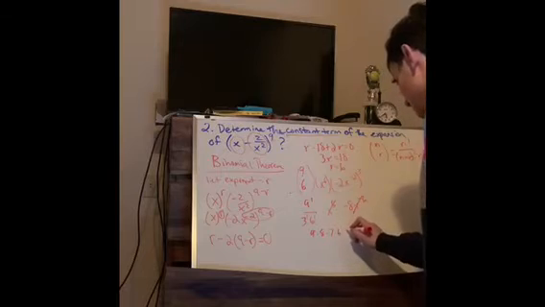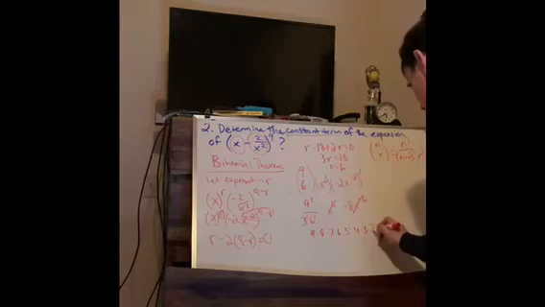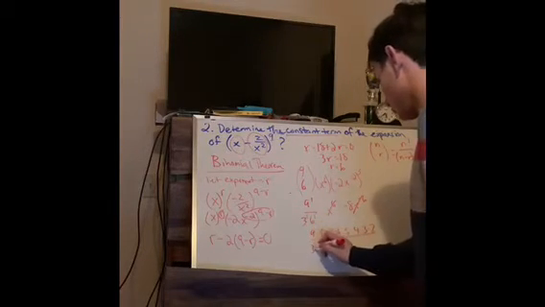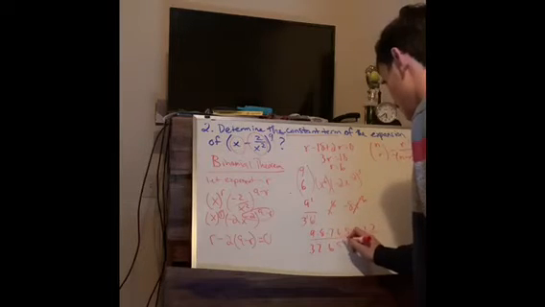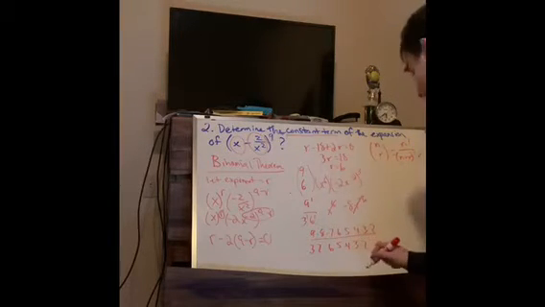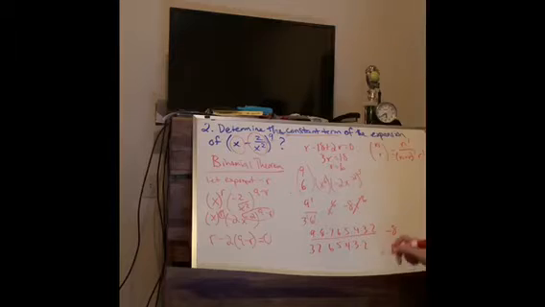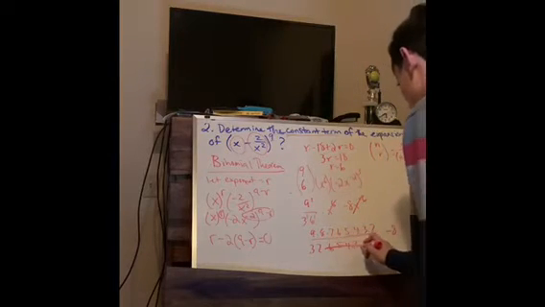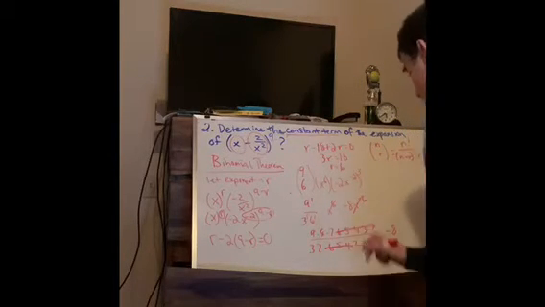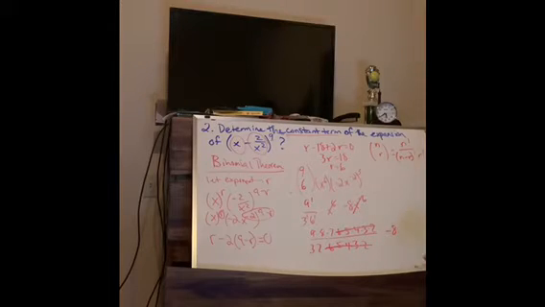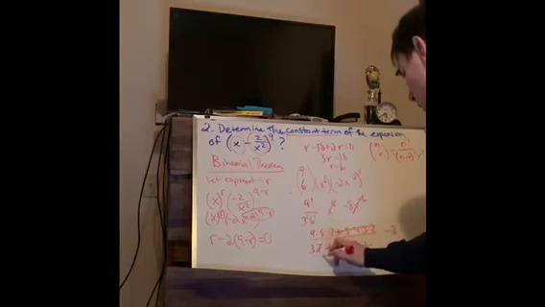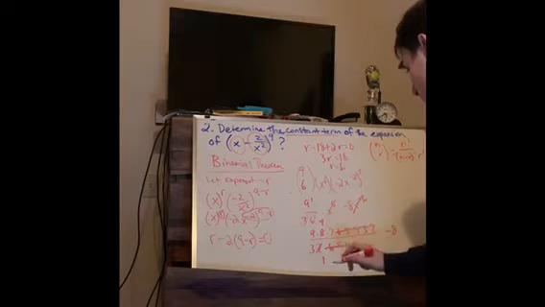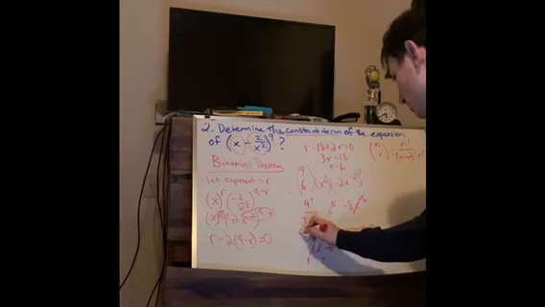9 times 8 times 7 times 6 times 5 times 4 times 3 times 2 over 3 times 2 times 6 times 5 times 4 times 3 times 2 times a negative 8. So you can cancel that out, we can cancel this out. Well, we can maybe divide each by 2 here. You can divide each by 3 here.